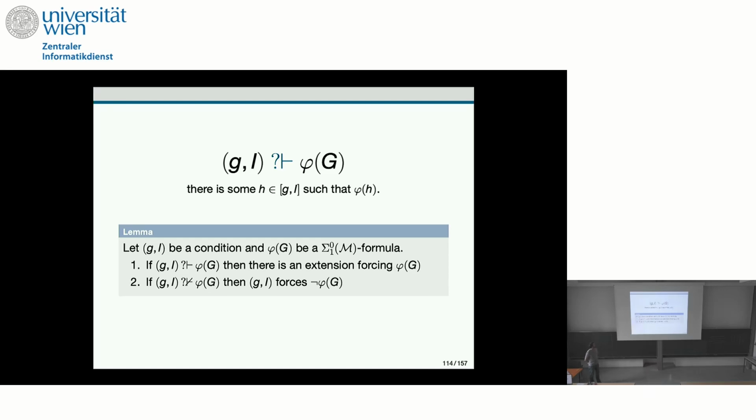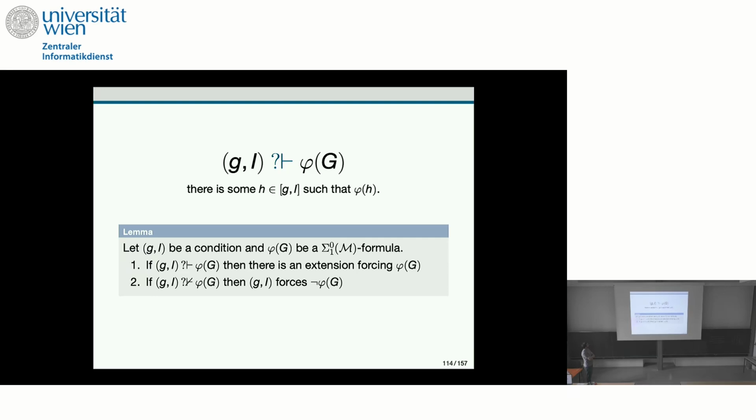And this is really sigma 01 because, although the set A is not computable, the set I is finite, so we just hardcode a finite amount of information of the set A to ask our question. In the sense that this question is not uniform, so it's not uniformly sigma 01 in the condition, but if you fix the condition and hardcode the initial segment of A for the columns of I, these questions become sigma 01.